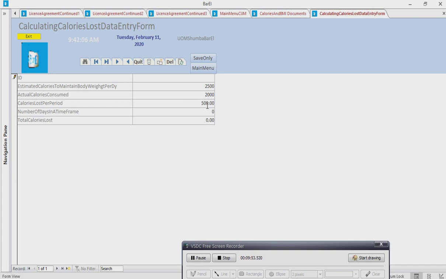Calories lost is 500. Number of days in a time frame, 7. Therefore, total calories lost is 3.5.